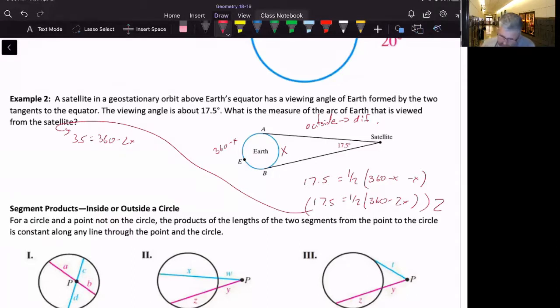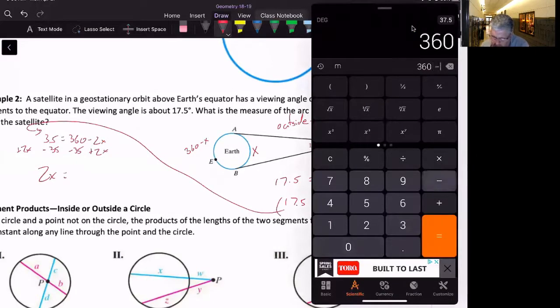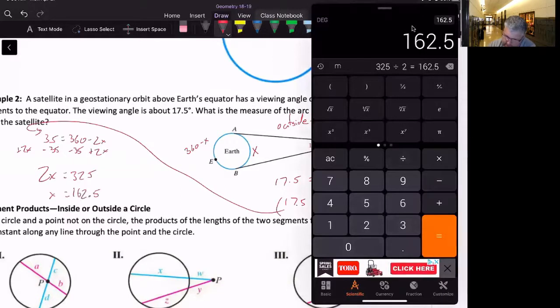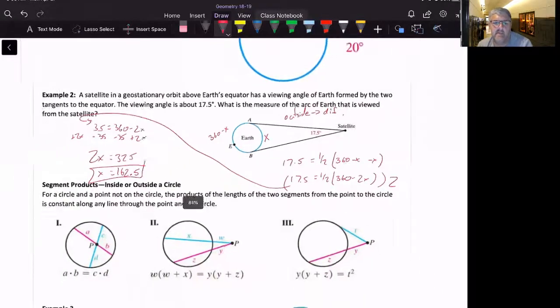So I would add the 2x to each side, minus the 35 from each side. So 2x is going to equal 360 minus 35. So 325 divided by 2. So x is 162.5. So that's the part of Earth you can see from the satellite.